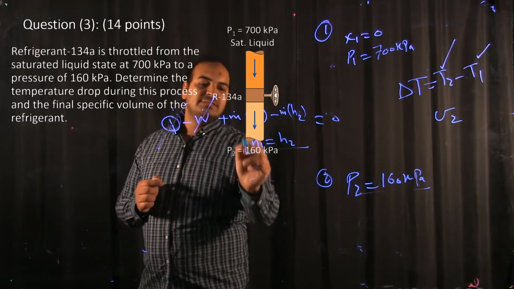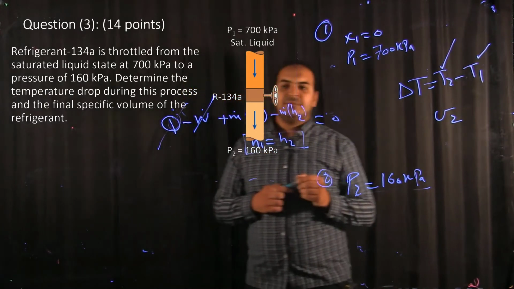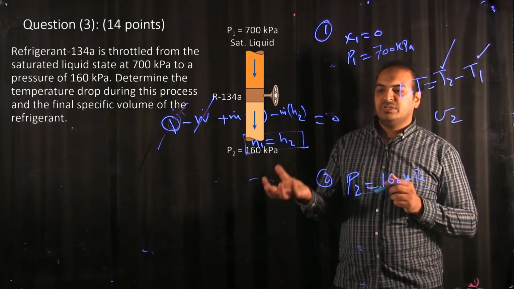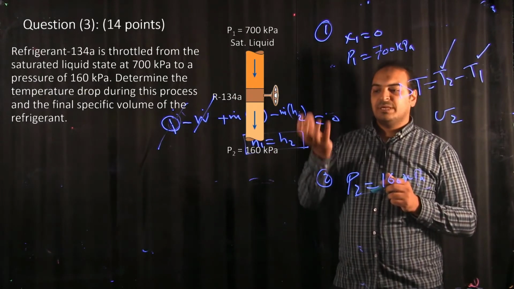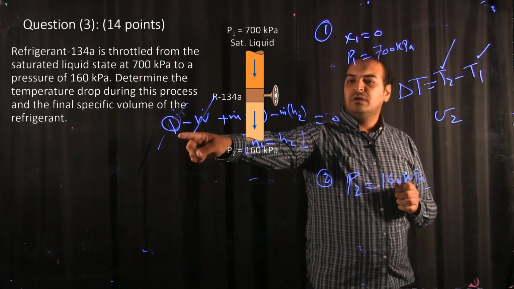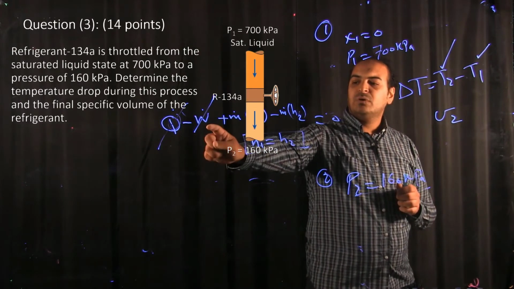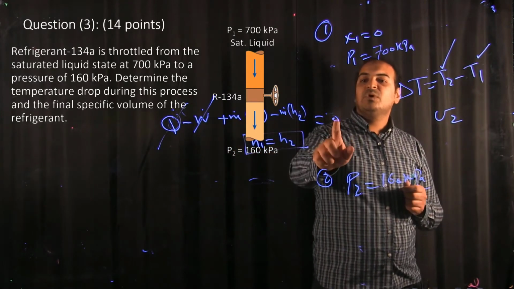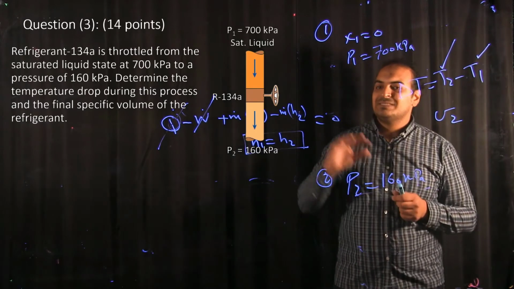That's it. This total enthalpy remains the same: enthalpy, internal energy, and flow work. Internal energy may increase or decrease, pressure may increase or decrease, but the total enthalpy remains the same. If there is no heat, there is no friction, there is no work. Of course there is no work, this is just a valve. M dot delta H equals 0 because it's steady state.